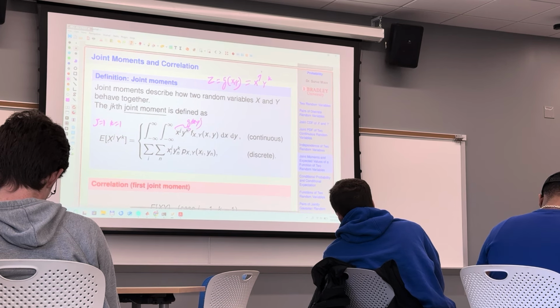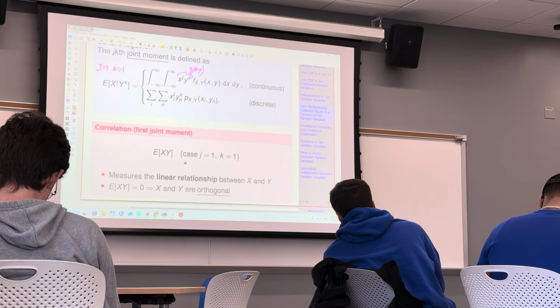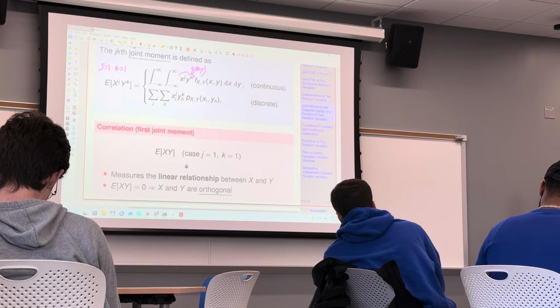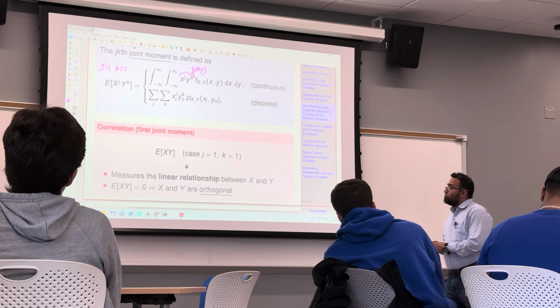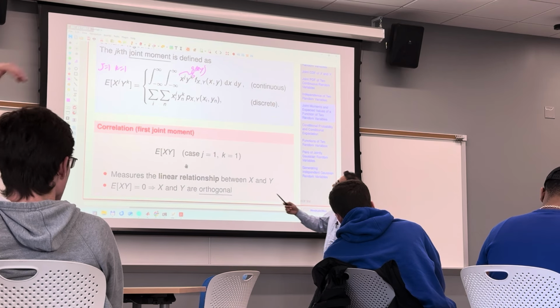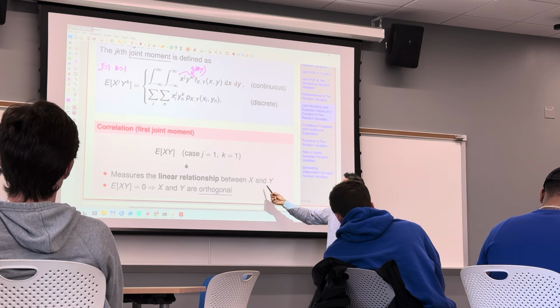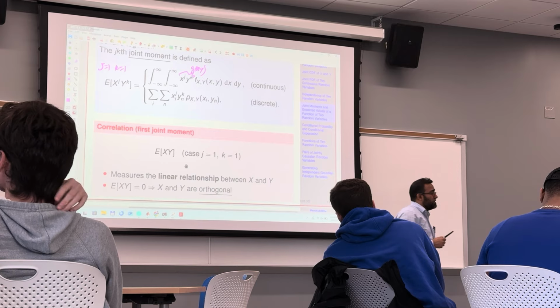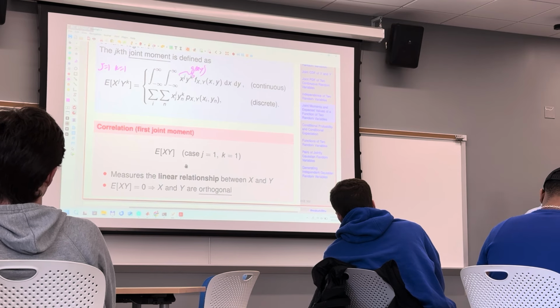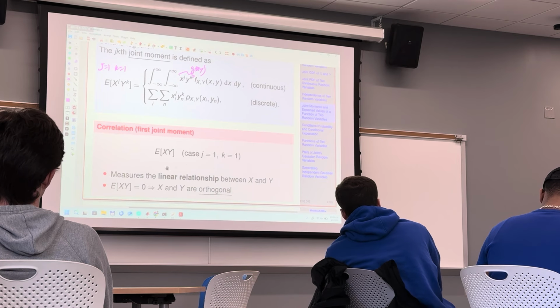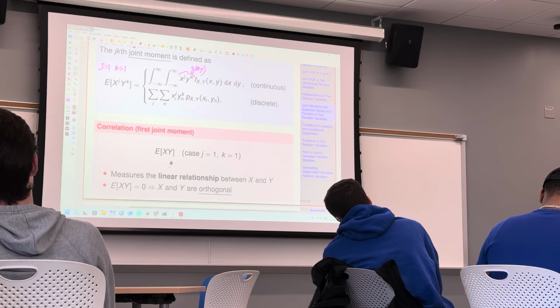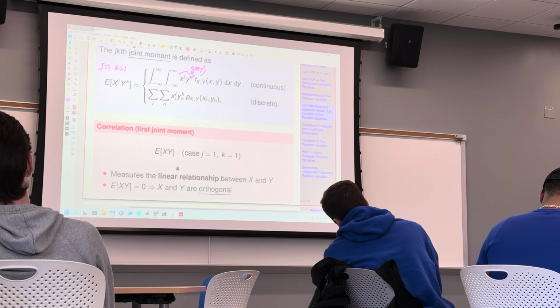If you take the expectation, you see the expectation of xy. And this expectation of xy is called correlation. This correlation measures the linear relationship between x and y. It is very important for statistical measurements, one of the very important properties of statistics.